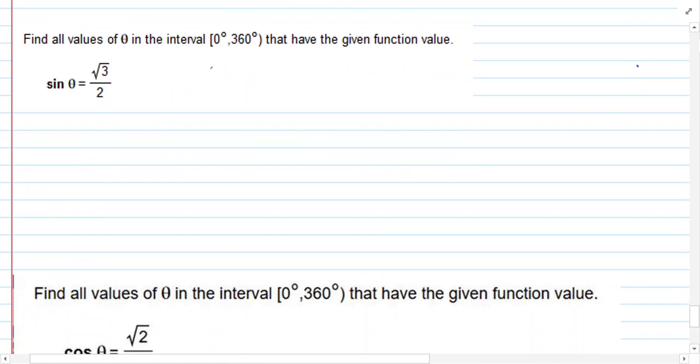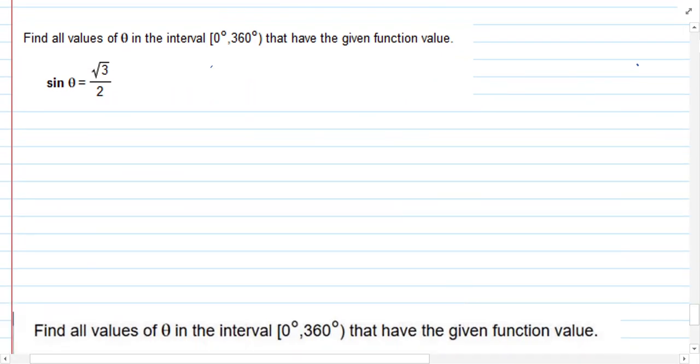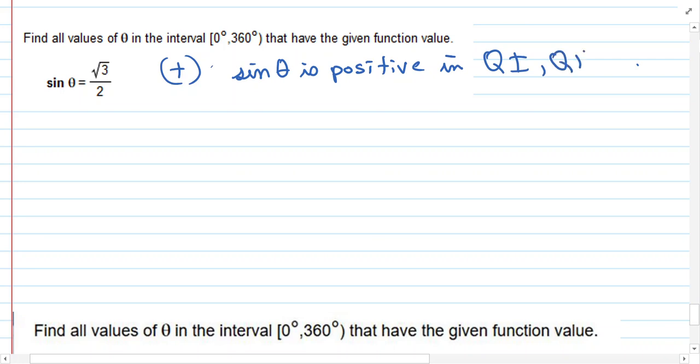Sorry about that. I paused because my phone rang. Threw me off. So we have sine as a positive. So sine is positive in quadrants 1 and quadrants 2. And so in this case, we have 1/2 for cosine and the square root of 3 over 2.